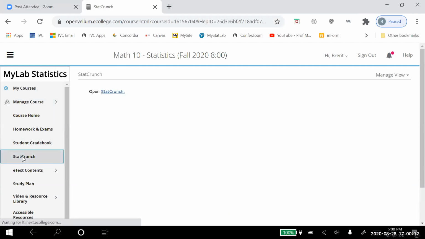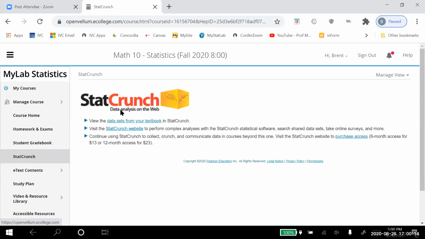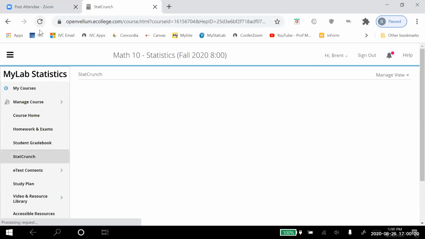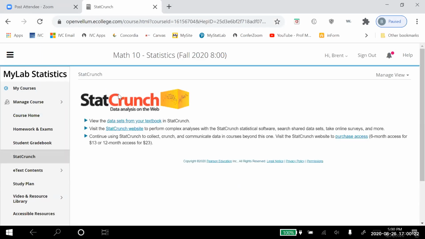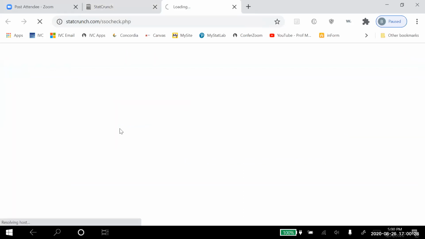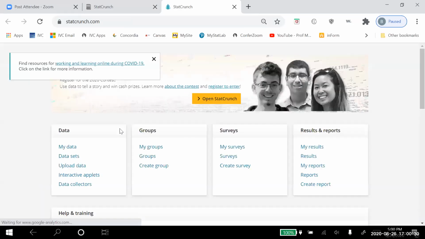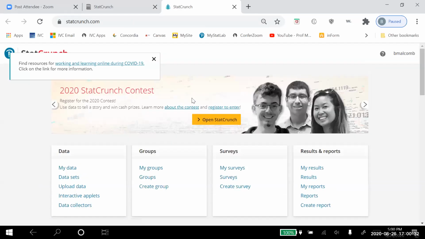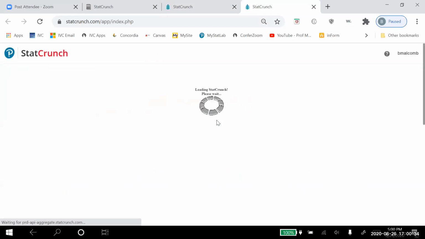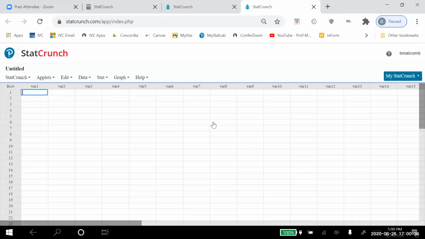Hopefully it'll open up. Sometimes it won't, and we have to regenerate, or go into a problem and pull it up that way. Let's click on the StatCrunch website and open StatCrunch. So let's see, there it is. We got it. Sometimes we have to go through a couple of things to do that.